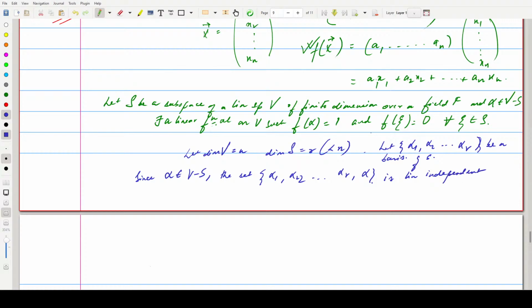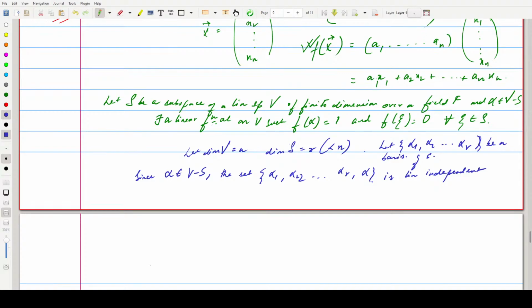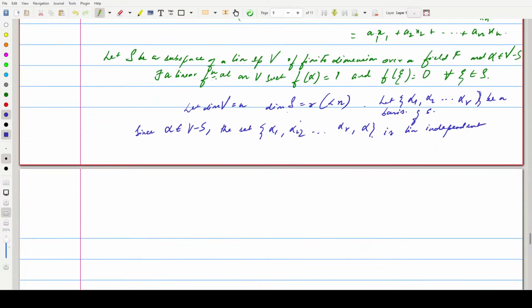It may not span, but it should be linearly independent, right? Because we're essentially taking out some vectors.